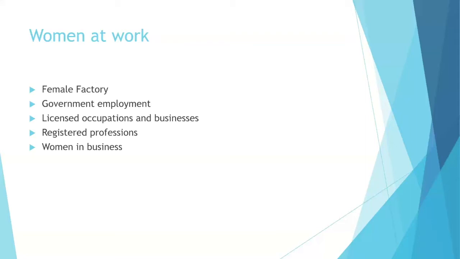So if you think about a publican's license or a hawker's license, those sorts of things. And also businesses where you might have had to register that business with the government as well. You can think about registered professions, so where you might have been a doctor or a lawyer or something, but the profession had to be registered. And then women in business.